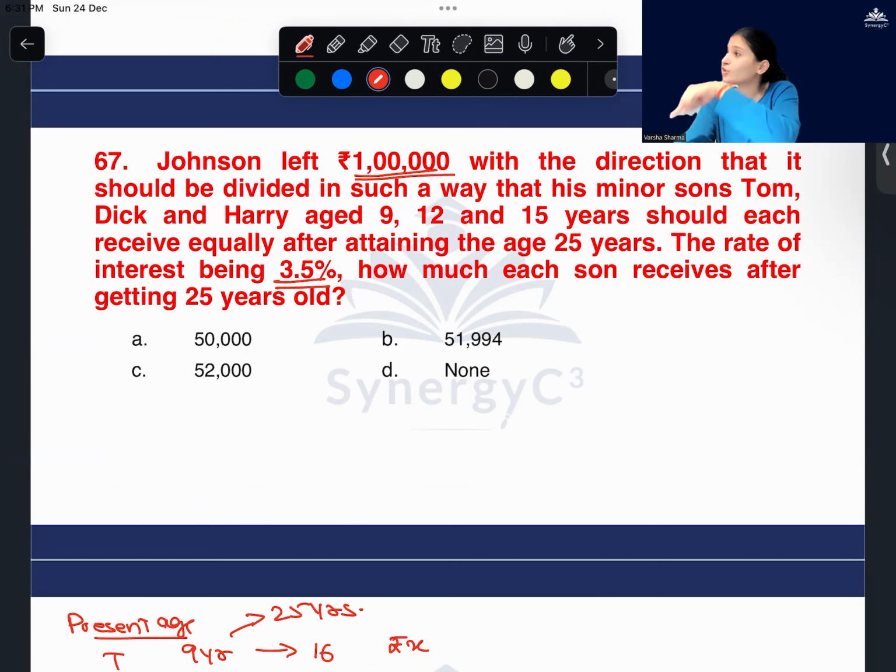So today's value should add up to 1 lakh, not the future value. After the respective periods, all three brothers are going to get an equal amount, X, X, X. But those three X are not going to give you a total amount of 1 lakh because that 1 lakh is today's investment. So those amounts, when I back trace them, I should get a total amount of 1 lakh.